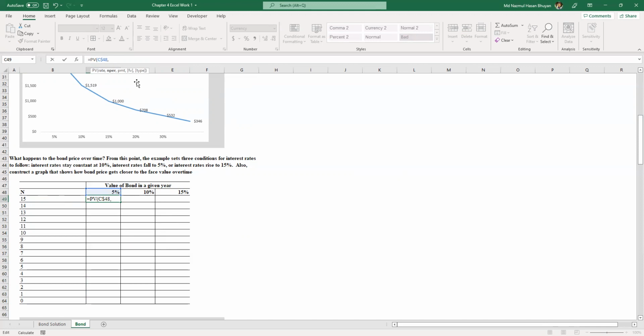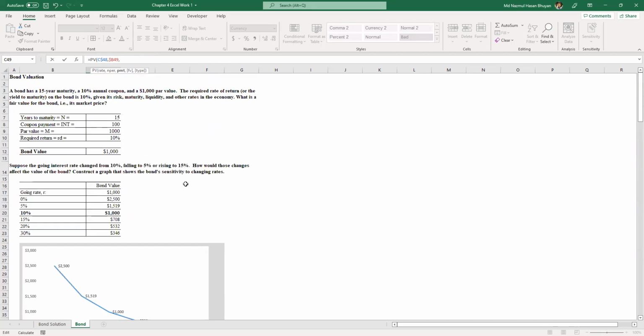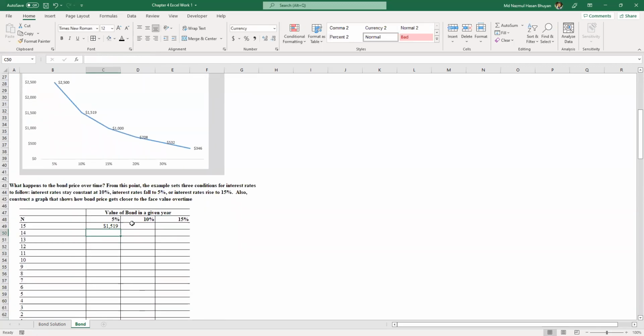And then nper, then PMT, we know what PMT is here, $100, and then future value of the bond or face value of the bond. Hit enter.